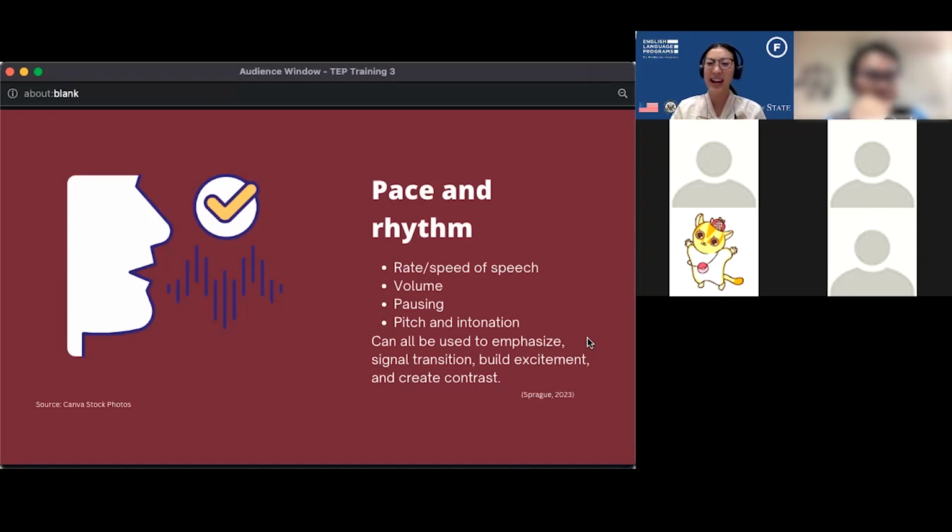And remember, it's not that one way of speaking, one pace, one pitch, one speed is better than another. It's about using them effectively. They're different tools, right? So for example, if I have a screw and I'm trying to build something, right?